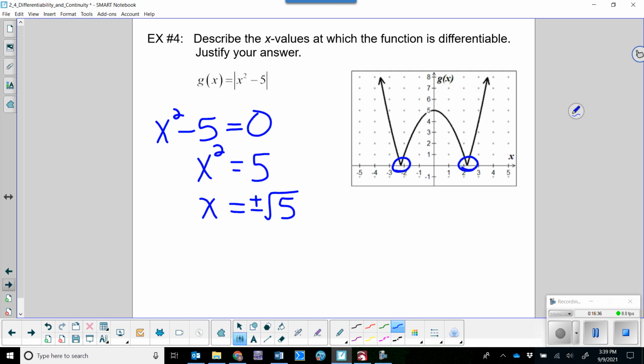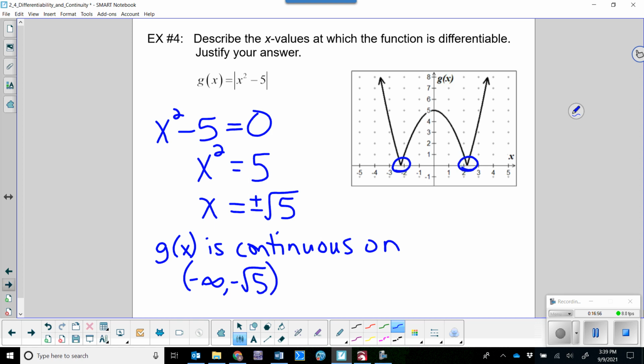So my answer is, and always answer the question, we would say g of x is continuous on, when you give intervals, you say on, so it is continuous on minus infinity to negative square root of 5, union negative square root of 5 to positive square root of 5, which I don't need to put the positive, union square root of 5 to infinity.